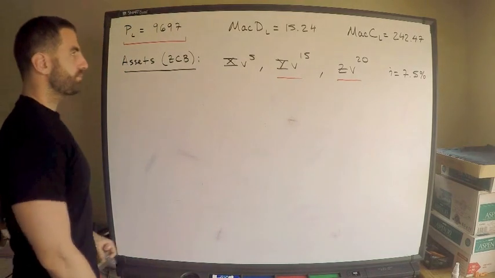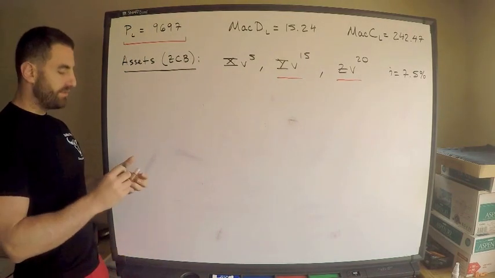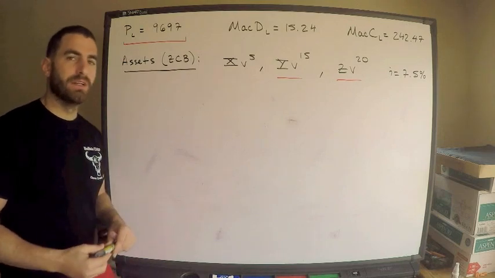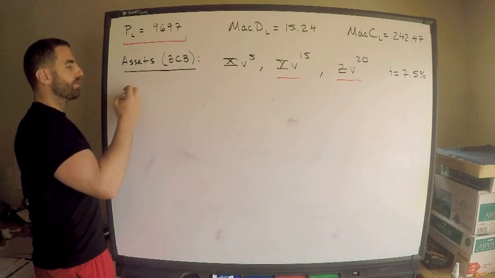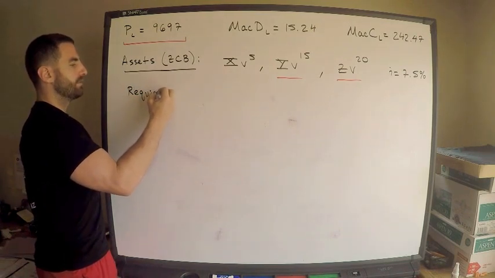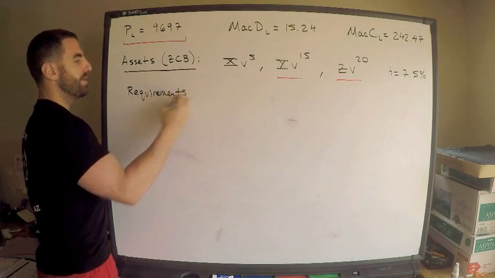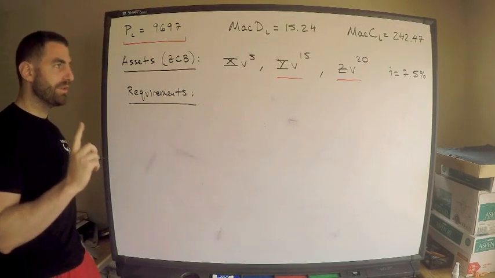So, what are the requirements of Redington immunization? Okay, I'm going to write that down as well. So again, if you want, fast forward. Okay, so requirements. We need 3 things. And in this case, a lot of times you only need to check 2 of them, but in this case you do need 3.